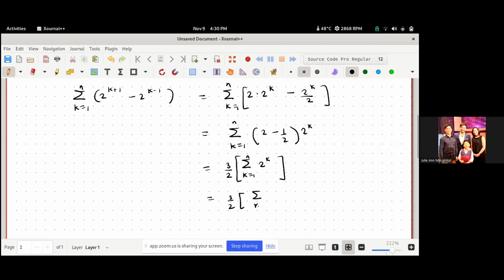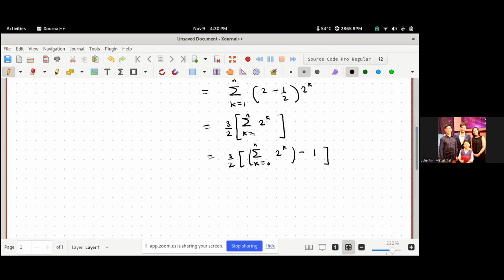Ano to, mas madali kasi kapag nagsa-start from 0 yung sum 2 to the k, minus, so plus 1 minus 1. And then, tingnan natin. Ano ba yung itsura ng sum from k equals 0 to n, 2 to the k? This is 1 plus 2 plus 2 square plus 2 cube, 2 to the fourth, all the way to 2 to the n.